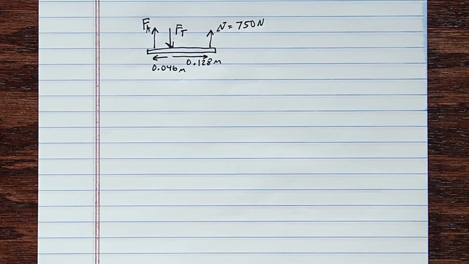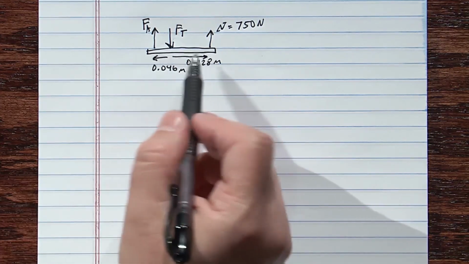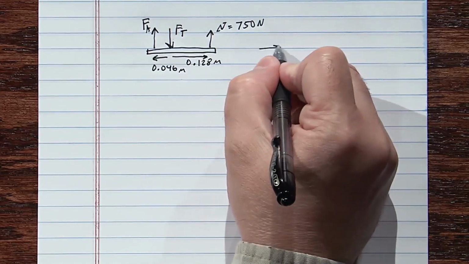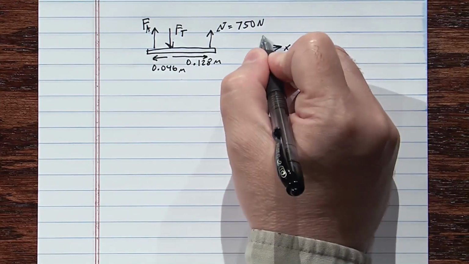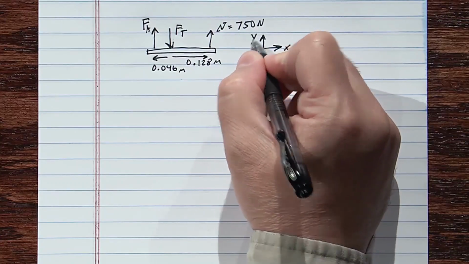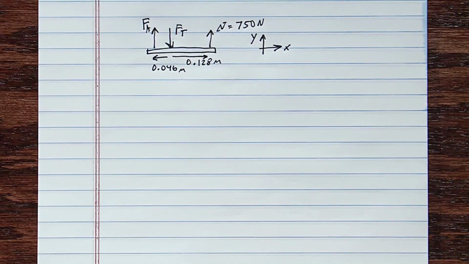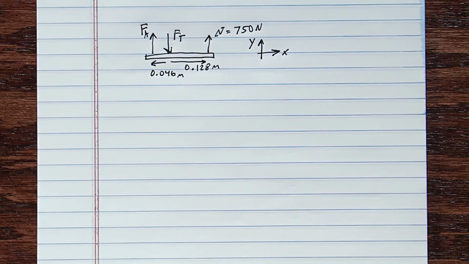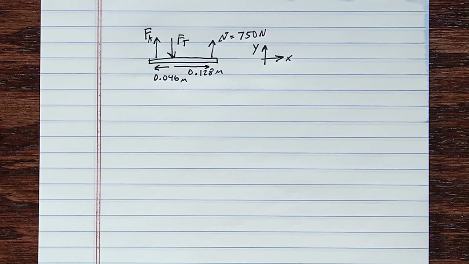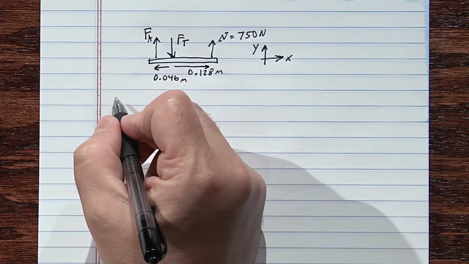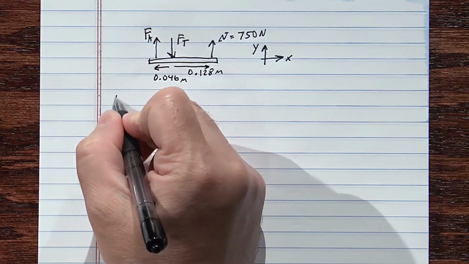So we're going to treat the foot as being roughly horizontal. So we have our X and our Y axes. And so we've diagrammed the situation, drawn in our forces, listed our knowns and unknowns. We have to write in our equations.